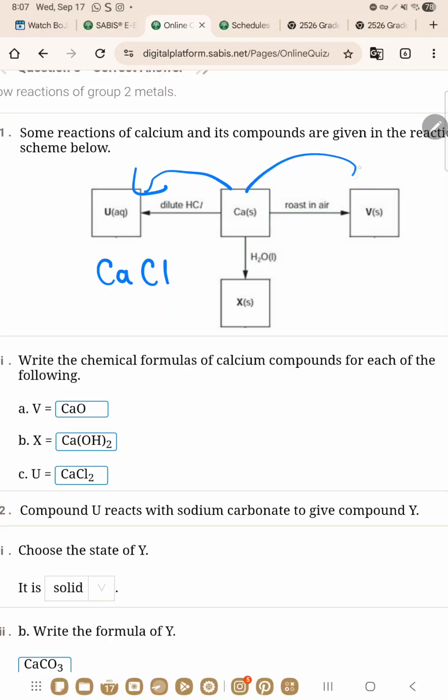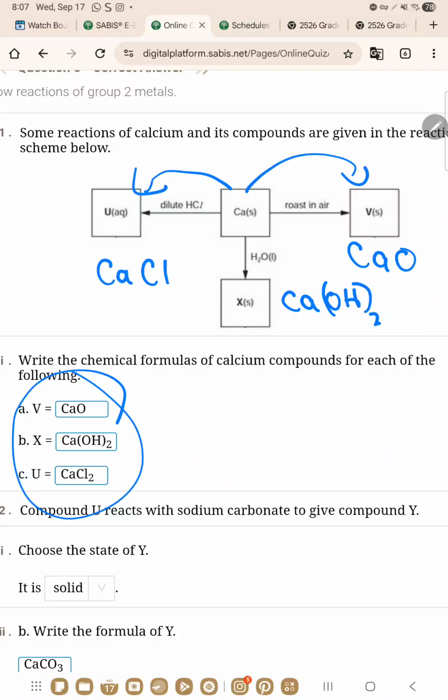What happens when you roast it in air? Roasting it in air means reacting it with oxygen. Whenever you roast it, it's going to give you an oxide. So CaO, and with H2O, we said calcium is going to react with the OH, forming CaOH2. And that's the first part answered.